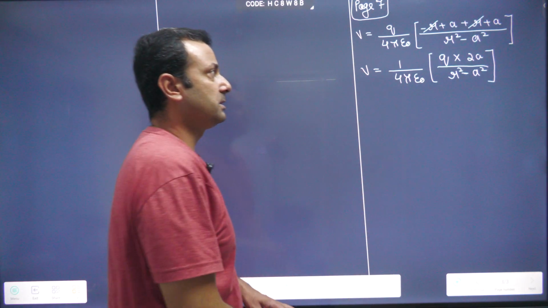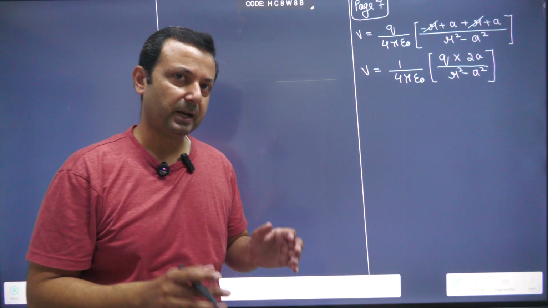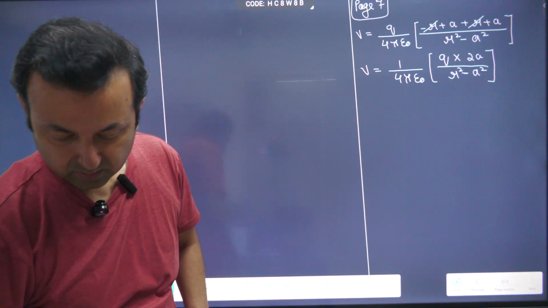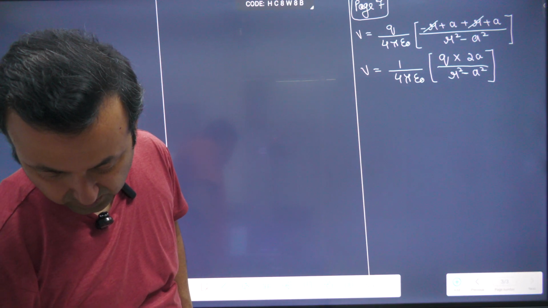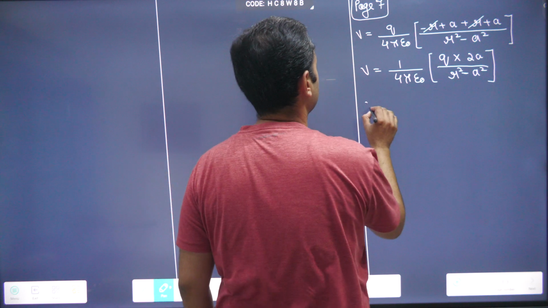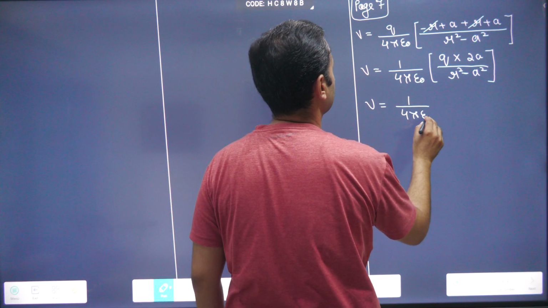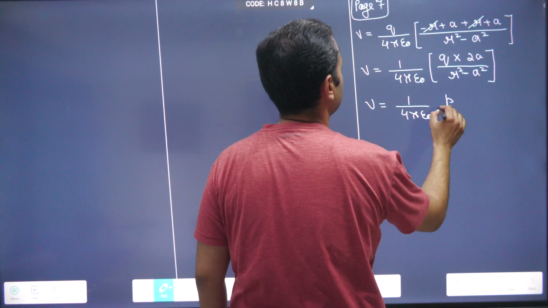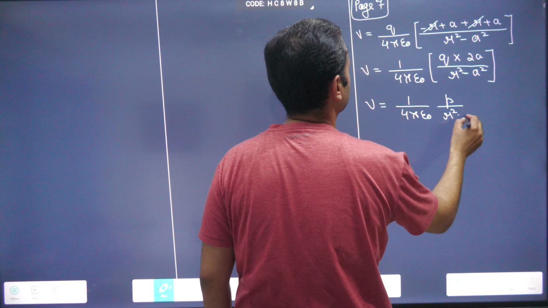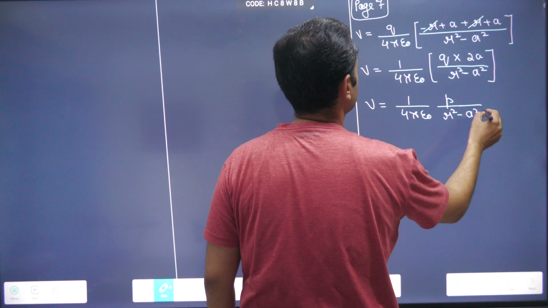Why have I taken this inside? q into 2a is the dipole moment, so I will write p here. p is the dipole moment. So V is equal to 1 upon 4 pi epsilon naught p upon r square minus a square.